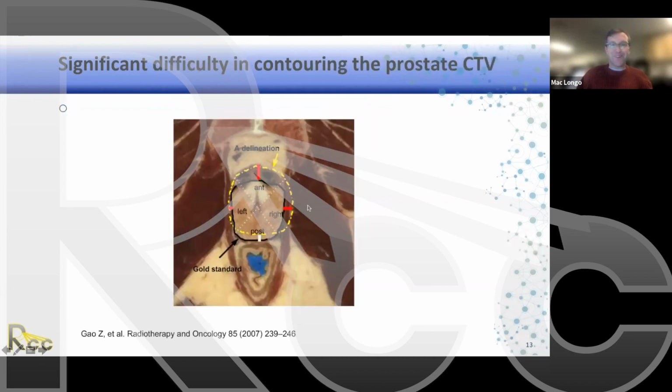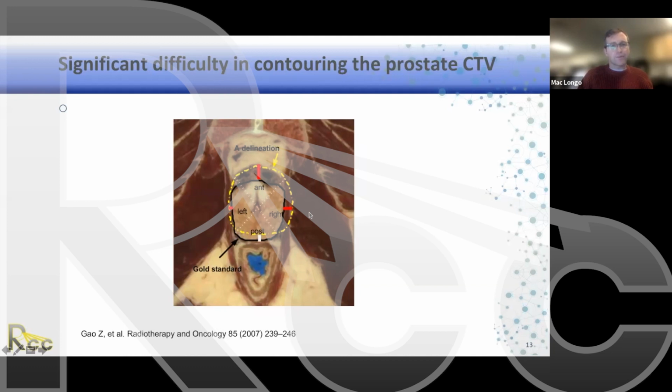And it's also difficult. It can be really challenging to contour the prostate. This is an image from a study published in the Green Journal in 2007, where a 1 millimeter anatomic photo of a prostate was obtained and used as the gold standard for prostate anatomy.